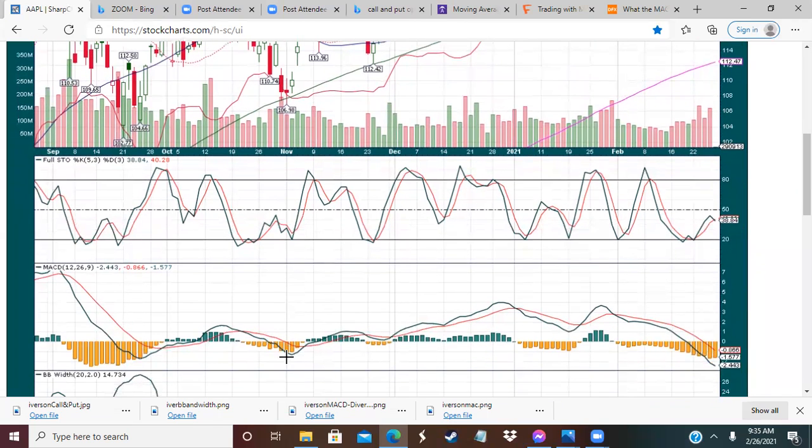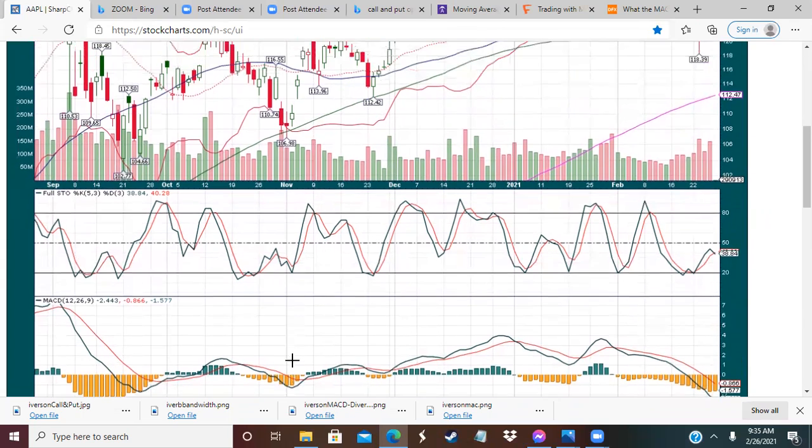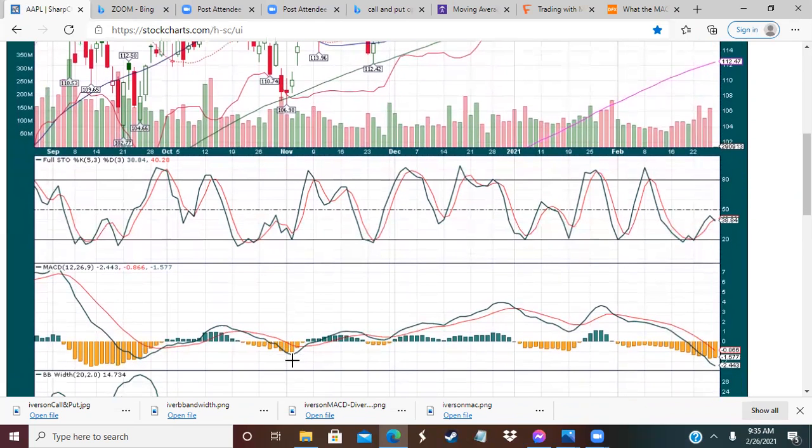We go down here, we take a look at our MACD, and we can note that there isn't a cross happening right then, but if you take a look at the histogram, we are reaching a bottom.